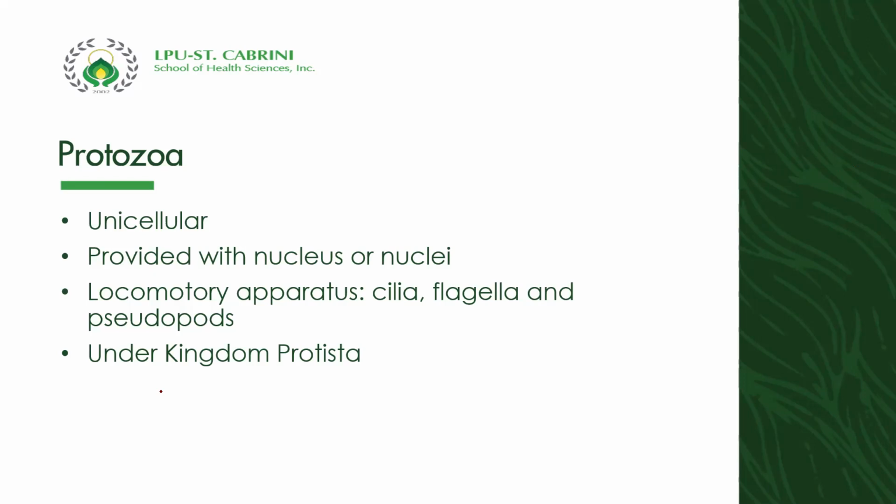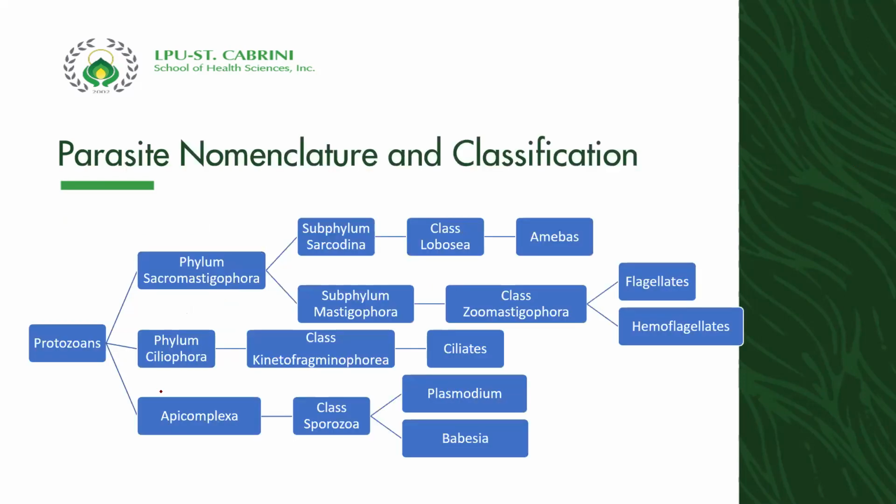They have organelles, locomotor apparatus for their locomotion: the cilia, flagella, and pseudopods. And take note that all protozoans fall under the kingdom Protista, which is a diverse group of eukaryotic organisms.